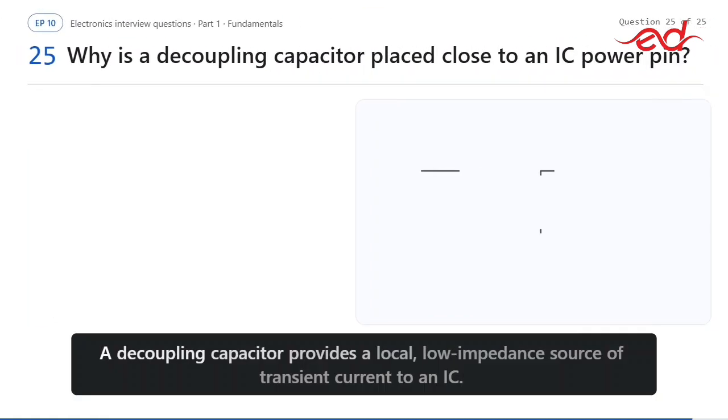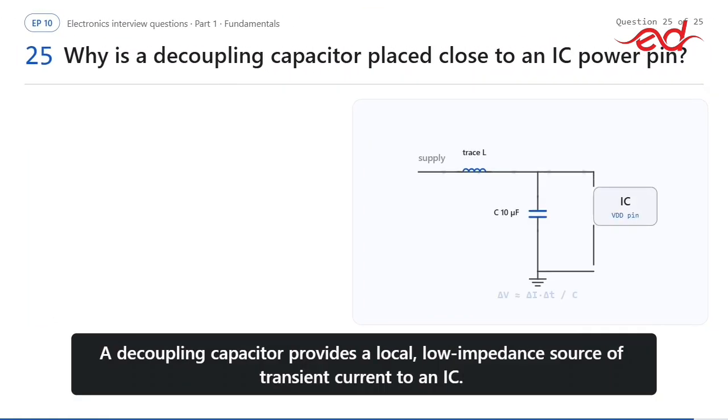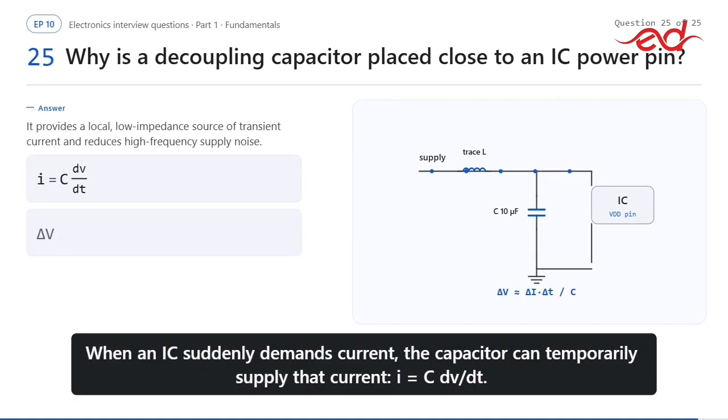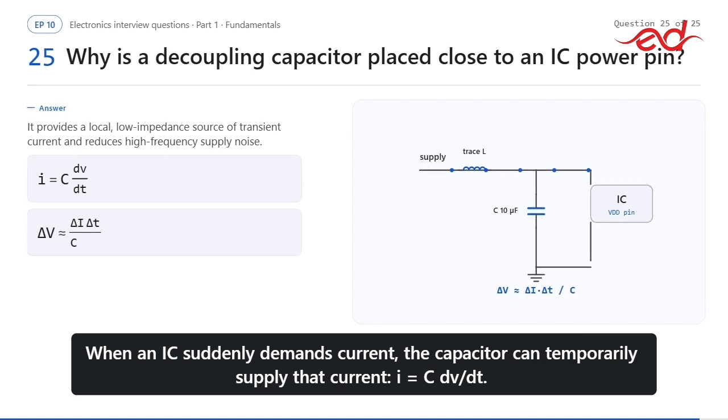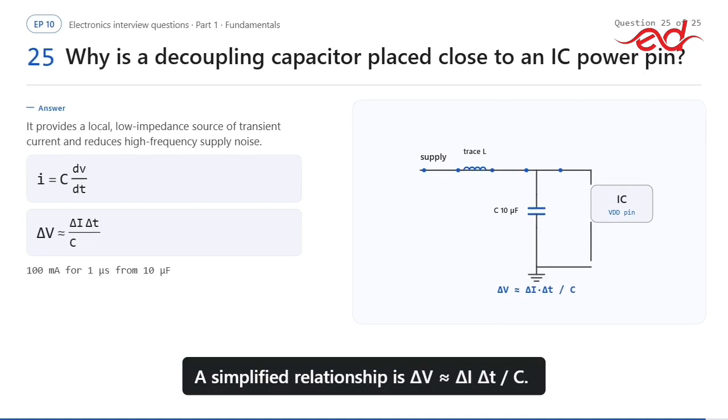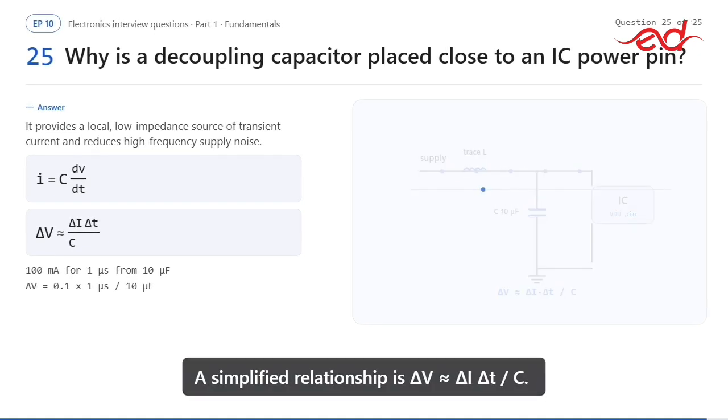Depending upon our application. Now coming to the next question, what is decoupling and why is a capacitor placed close to an IC power pin? A decoupling capacitor provides a local, low impedance source of transient current to an IC and helps reduce high frequency supply noise. When an IC suddenly demands current, the capacitor can temporarily supply that current.